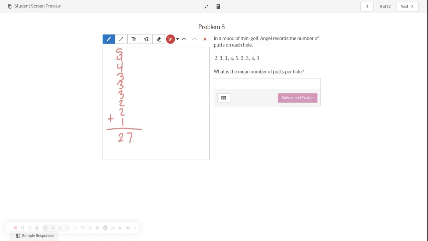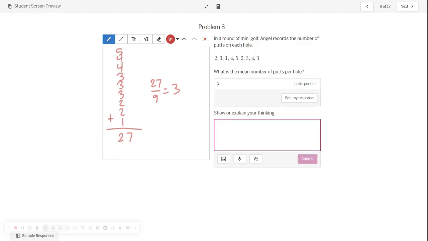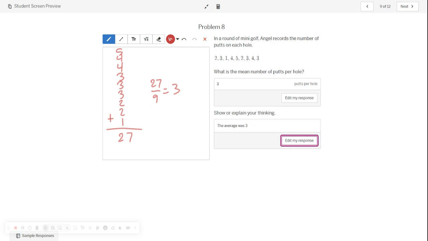I got 9 numbers. And so 27 divided by 9 is 3. And so 3 putts per hole. Explain. The average was 3.